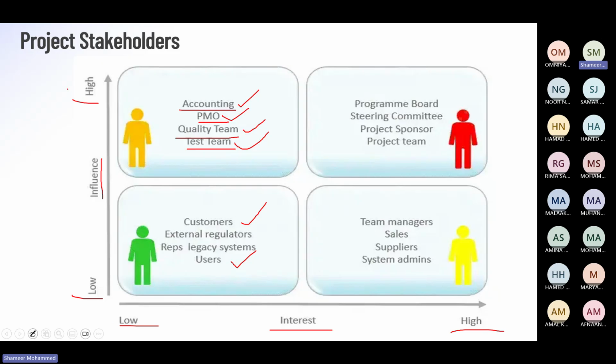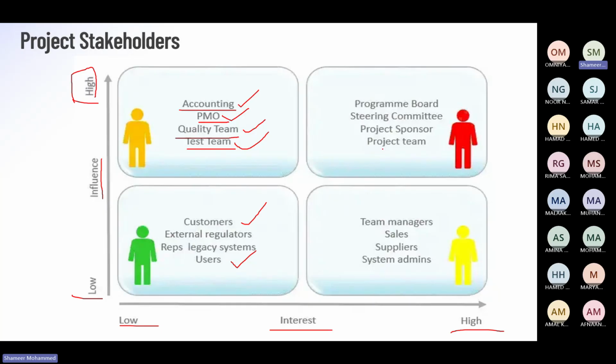Low interest but high influence on the project. You are developing a project. So who has high interest, who has low interest, who has high influence, who has low influence? That is shown with the help of this picture.